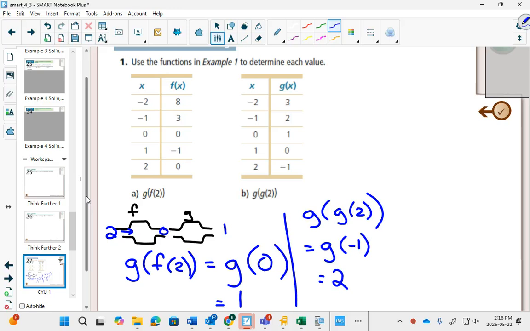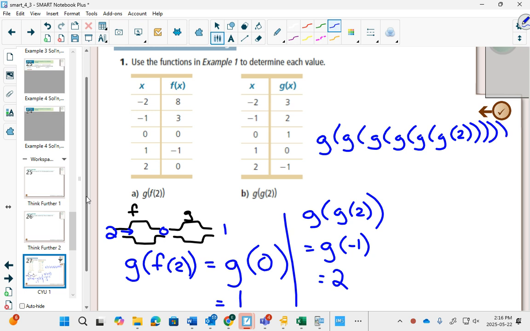I could get you to do this question: g of g of g of g of 2. What's it equal to? We already figured out that g of g of 2 was 2 again.